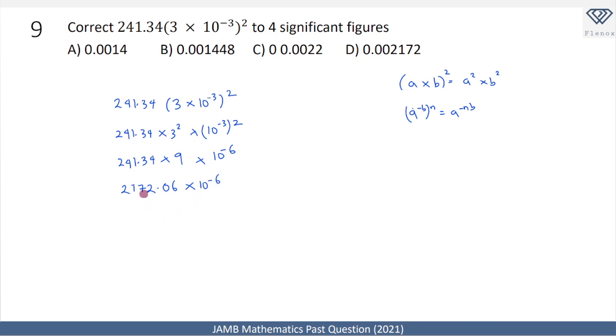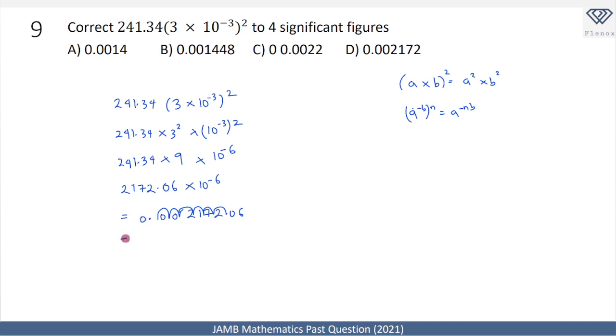Now what can we do again? To multiply by 10 raised to power minus 6 means that we shift this decimal towards the left 6 times. So let me write 2172.06 here. Now I'm going to shift it to the left 6 times: 1, 2, 3, 4, 5, 6, and in those spaces I can put my zeros.